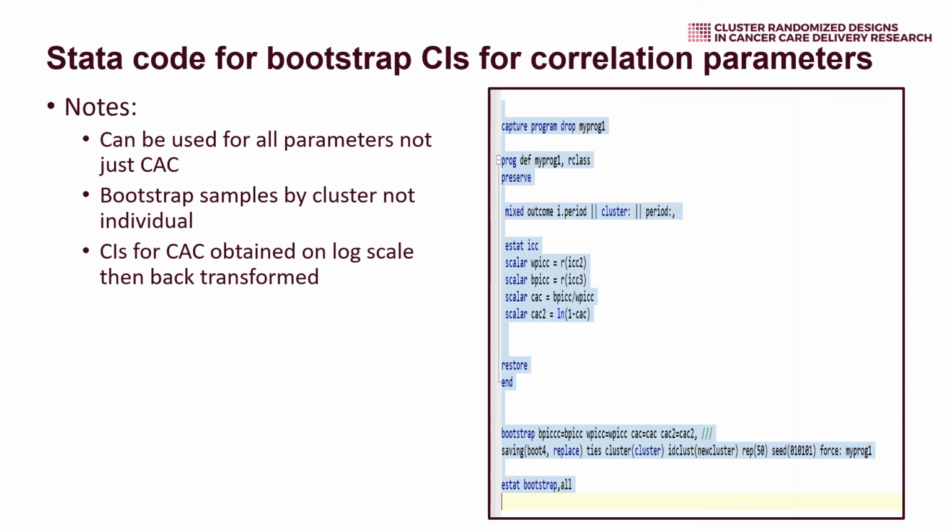And so here's the Stata code if you wanted to replicate that: bootstrap confidence intervals for those correlation parameters. A couple of points to note: we could use this code to estimate the confidence intervals for all the parameters, not just the cluster autocorrelation, and the bootstrap here is by cluster and not by individual.